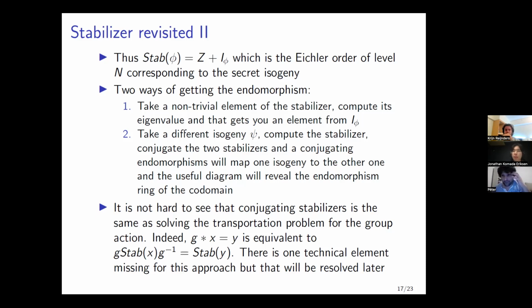So how do I get rid of this Z? This is something that might not be well written in our paper, and also never really nicely written in SQIsign. It's again a little bit folklore, so I think it's useful to explain it further here. Say you get a matrix which is an integer plus an element in I phi. How do I get the I phi part out of this matrix?